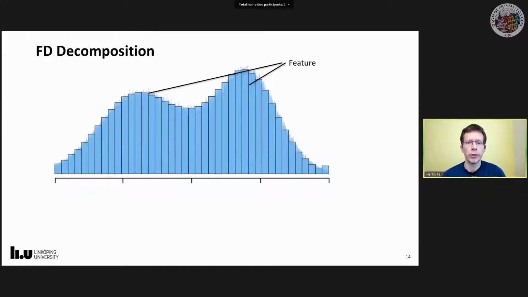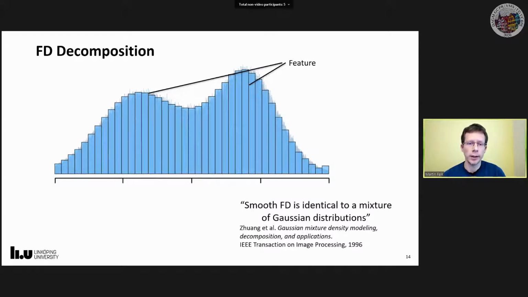By applying some smoothing or low pass filtering, we obtain a smooth representation, which has one enormous benefit: according to the work by Ljung and others, a smooth distribution is basically identical to a mixture of Gaussian distributions.